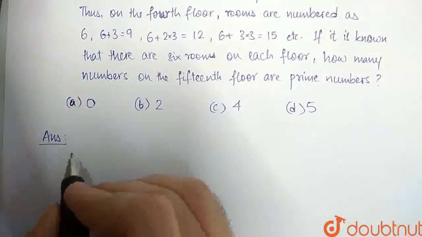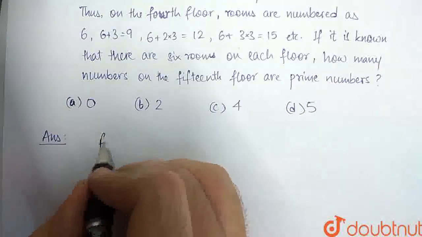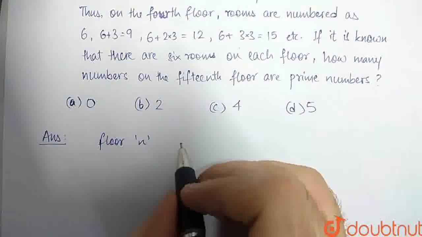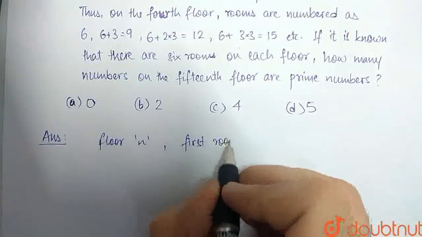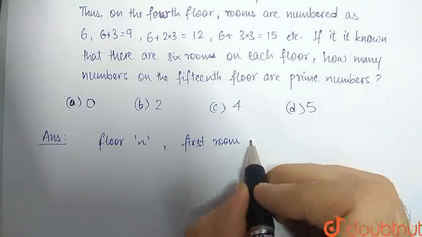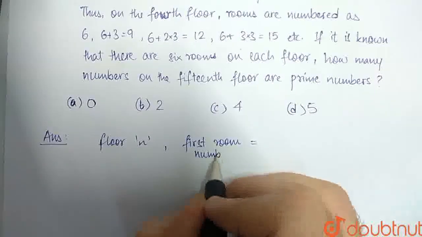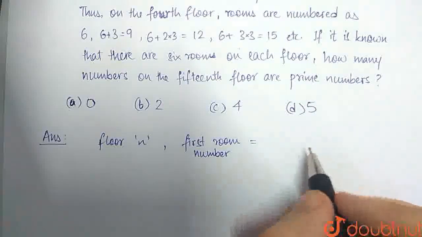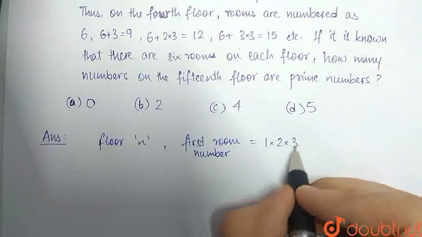So, according to the question, for floor n, the first room on that floor would have the number, the first room number would be the product of all floors below it, starting from 1, which means 1 into 2 into 3 and so on.